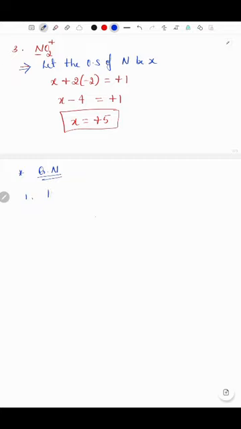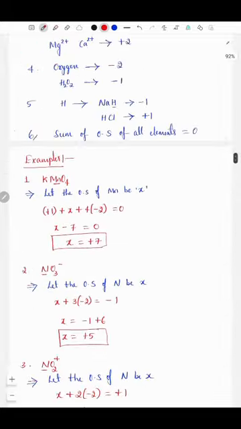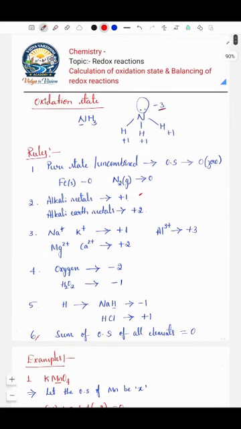First one, K2Cr2O7, in which the underlined element is chromium. And the second question is calculating the oxidation state of iron in Fe2O3, underlined is iron. Hope you understood the rules that should be followed to calculate the oxidation state of an atom in a molecule.